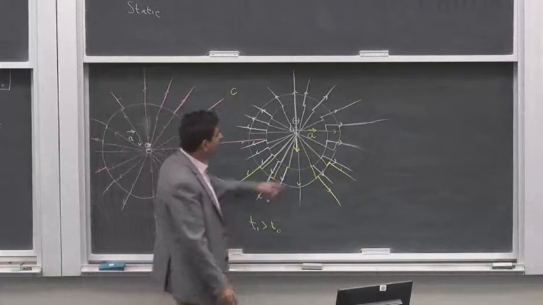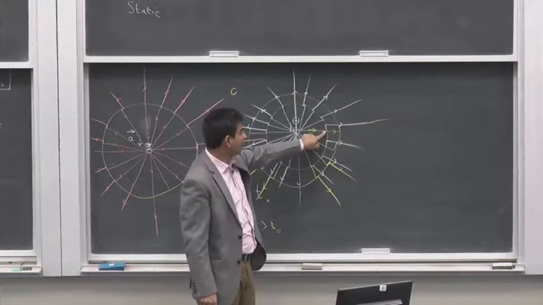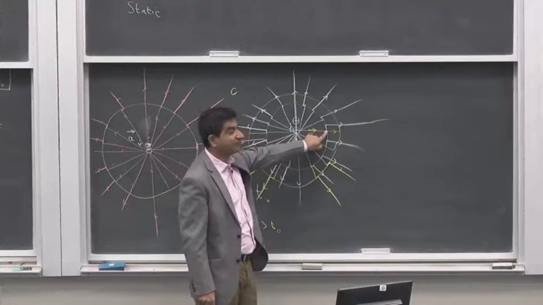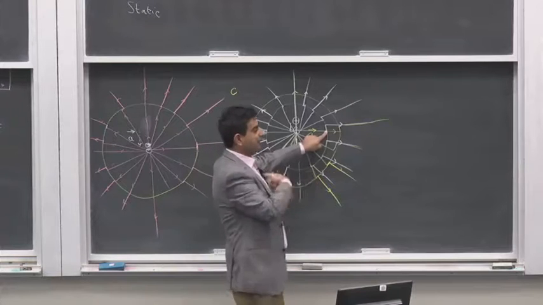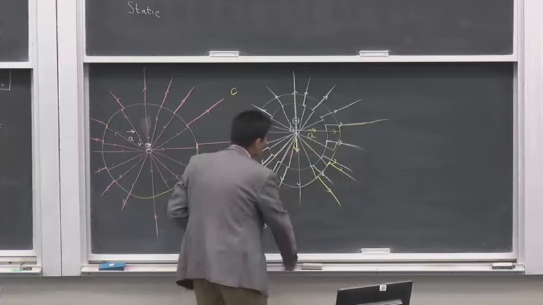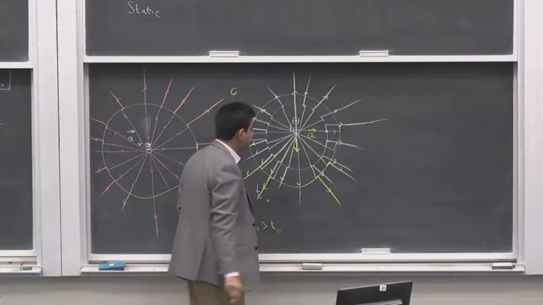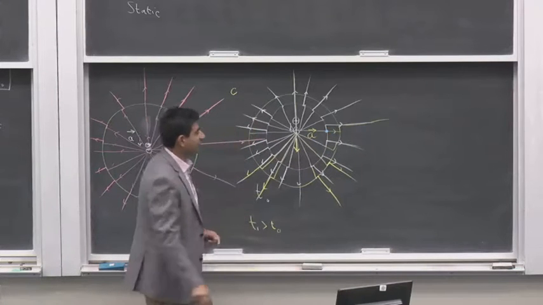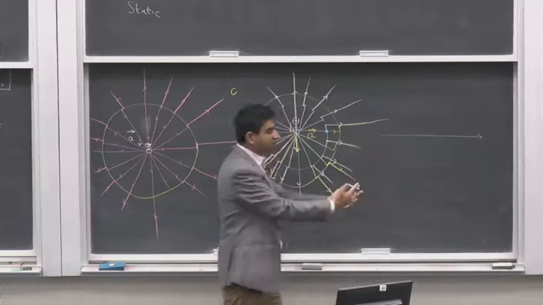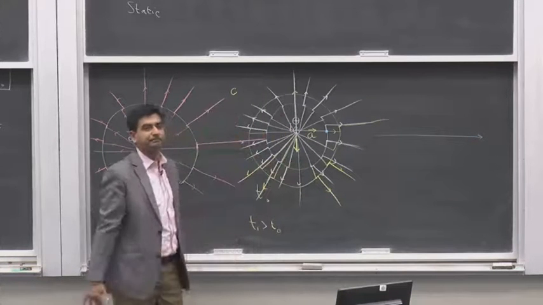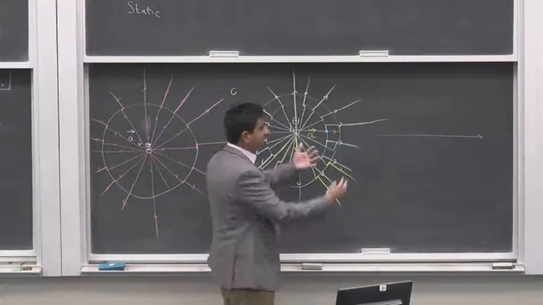Now if you were an observer at this location, and you were to feel the electric field at this point, the electric field was just pointing towards you. So suppose I have an observer here. At some point in time, which is less than t0, there is no kink. In fact, the electric field is just coming into you.